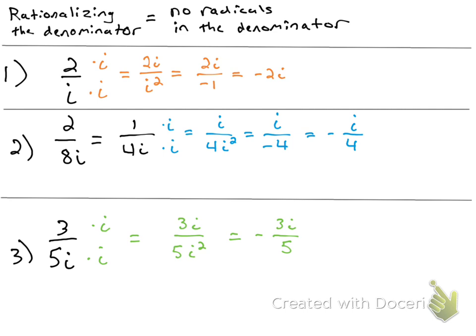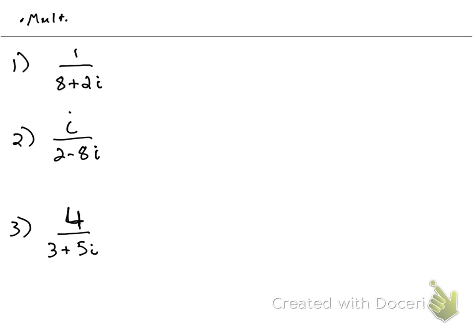Okay. So where it gets a little bit more difficult is when we have binomials in the denominator. When we have a binomial in the denominator, we'll multiply by the conjugate.